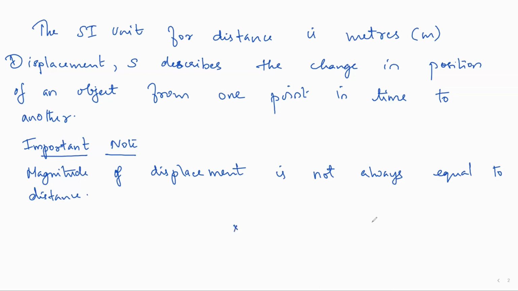For example, A and B are two locations here. The actual path traversed by an object in order to reach from A to B is this, and this is referred to as the distance, which is the path length. In this case, maybe like 20 kilometers.